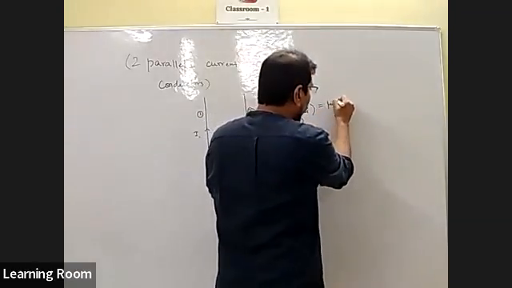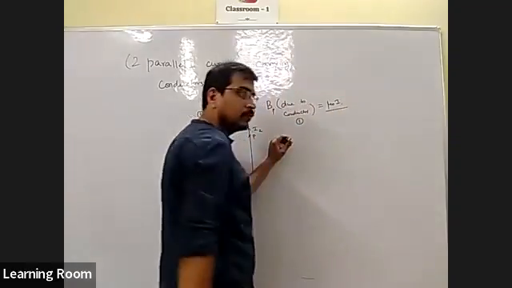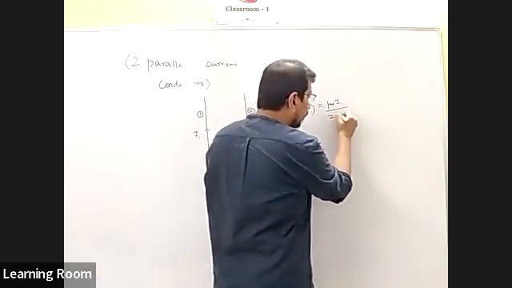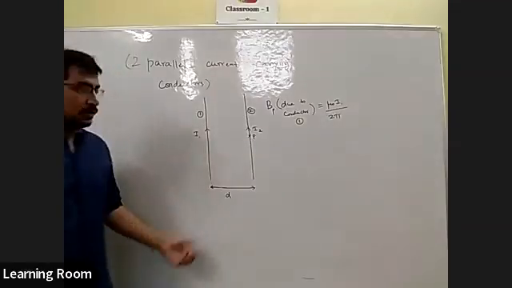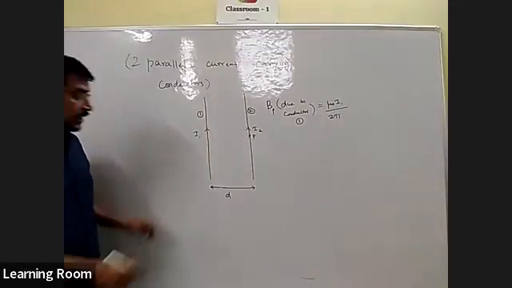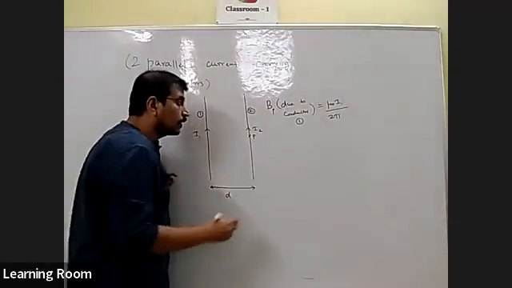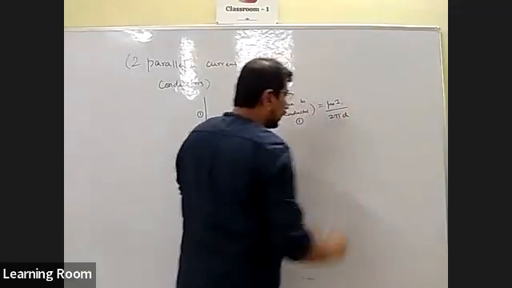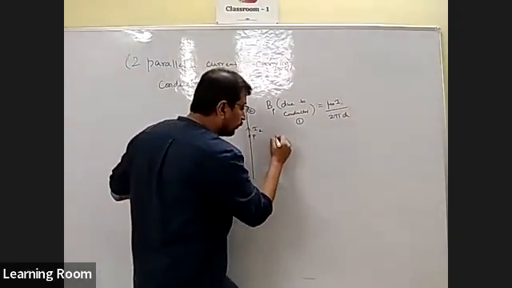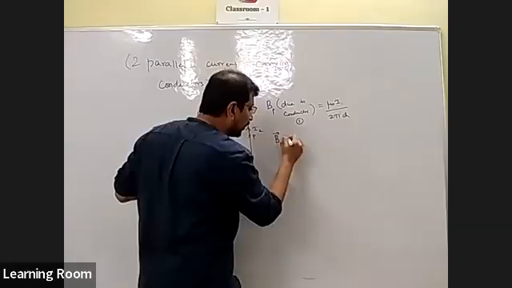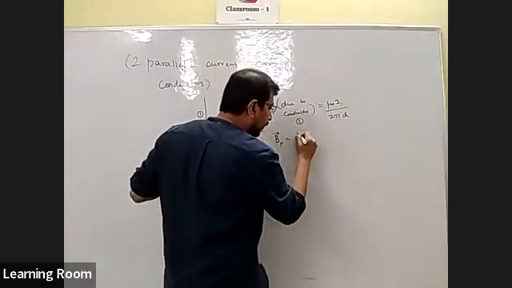Mu naught I1 divided by 2 pi d. Observe this diagram.